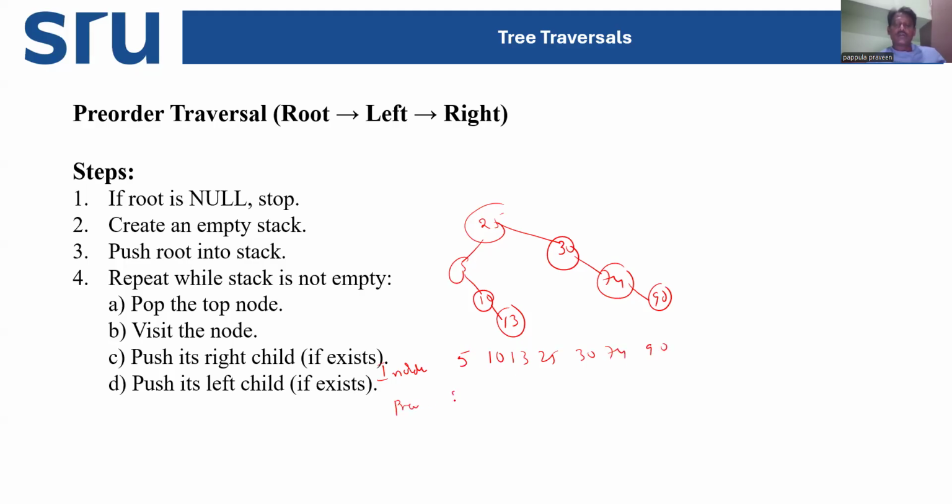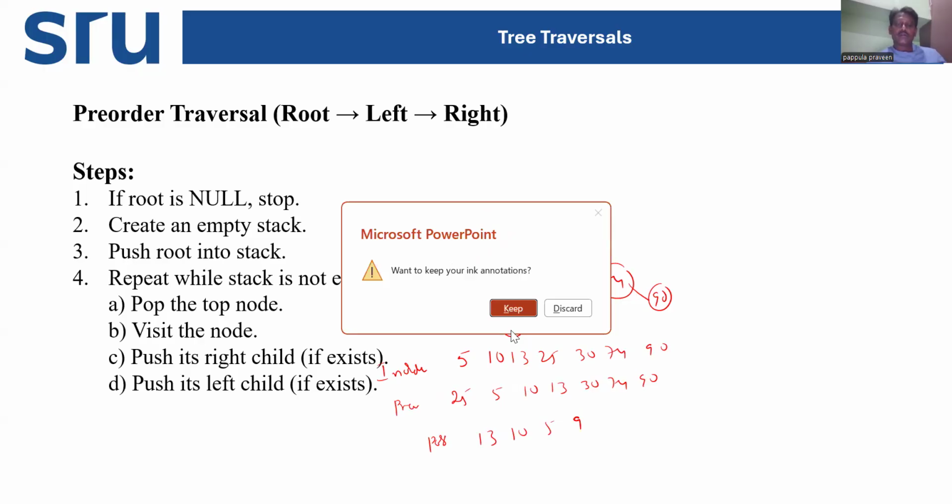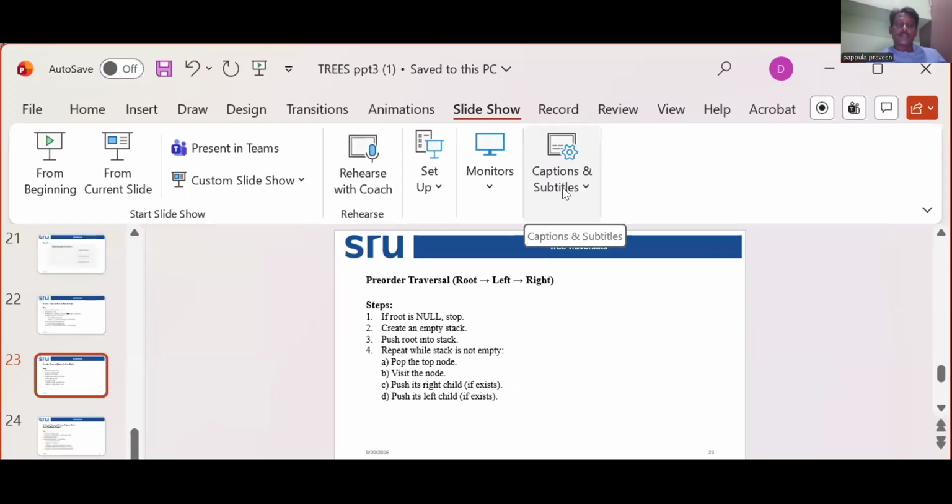Pre-order: 25, 5, 10, 13, 30, 74, 90. Post order: 13, 10, 5, 90, 74, 30, 25.